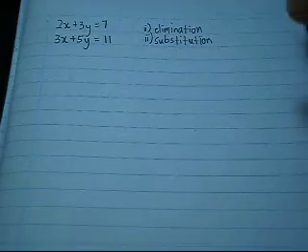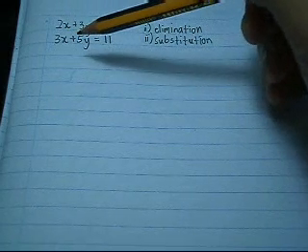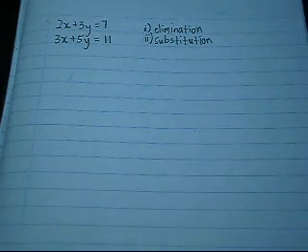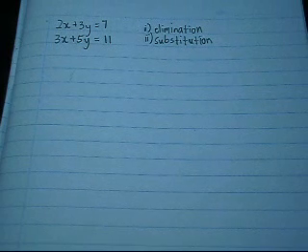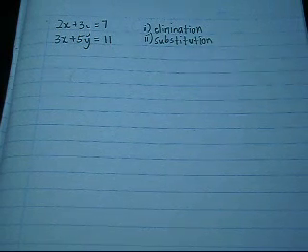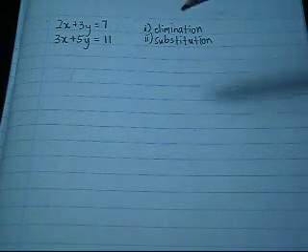I have here 2x plus 3y equals 7 and 3x plus 5y equals 11. To start with, we must eliminate one of the values, which simply means we subtract one equation from the other.